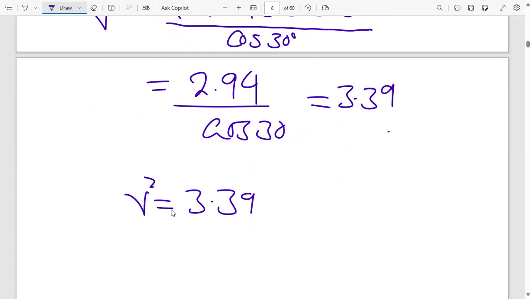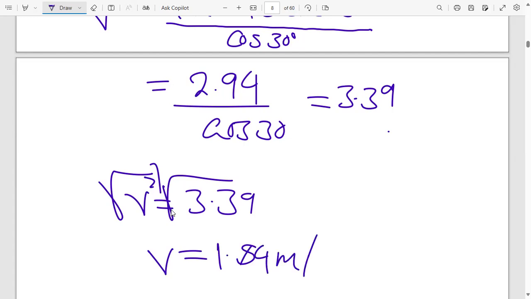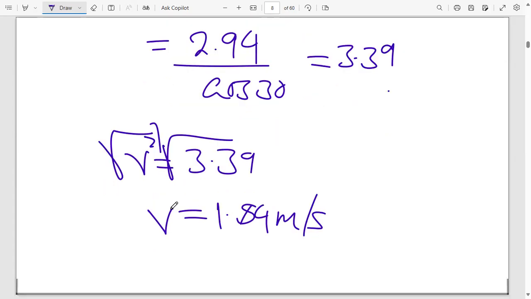And what are we going to do to that? We're going to introduce our square root on both sides of the equation. So I'll get my v is equal to 1.84 meters per second, like that.